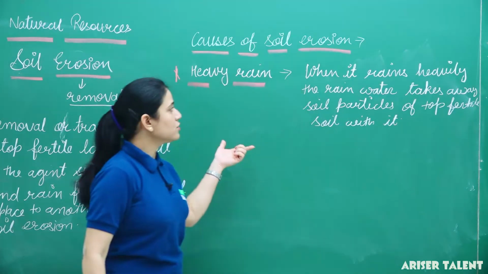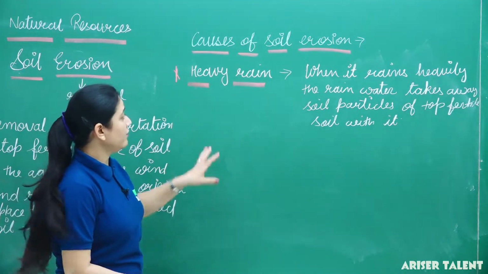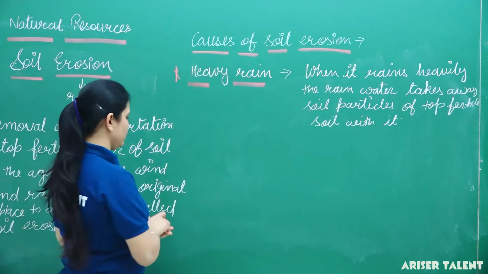This is known as soil erosion. Thus we can say heavy rain is a cause of soil erosion.